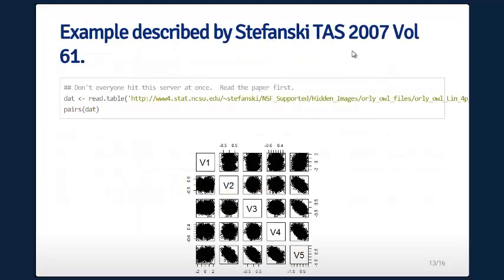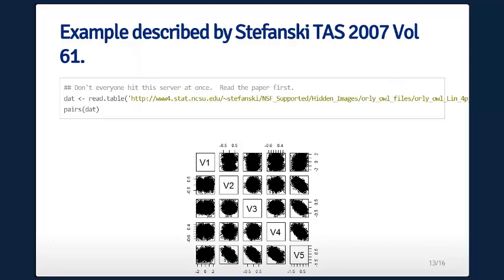So let's go through an example of looking at residual plots. And Stefanski, in this American Statistician paper, had this great, kind of startling example, several examples, and he created this mechanism for creating them, on why it's useful to look at residual plots.